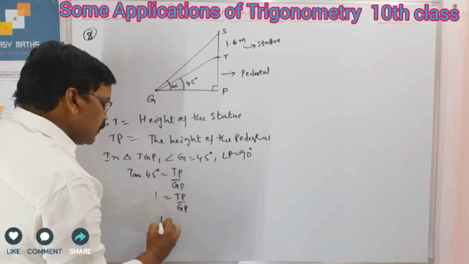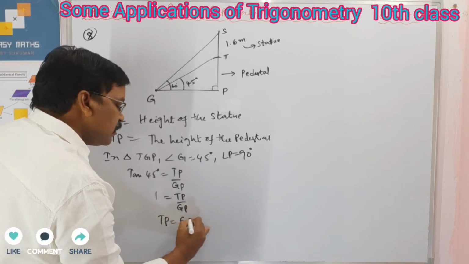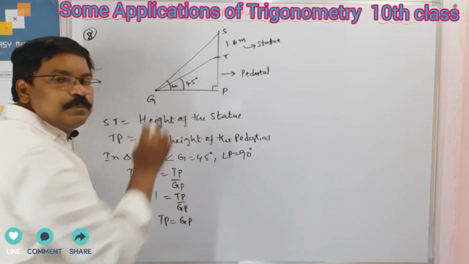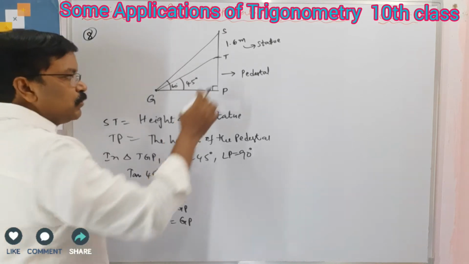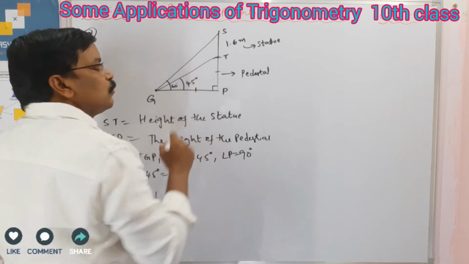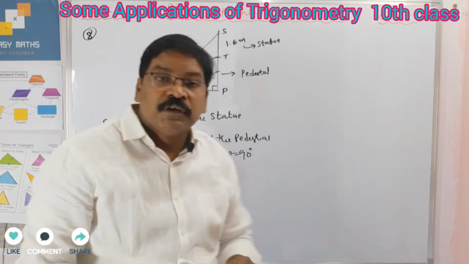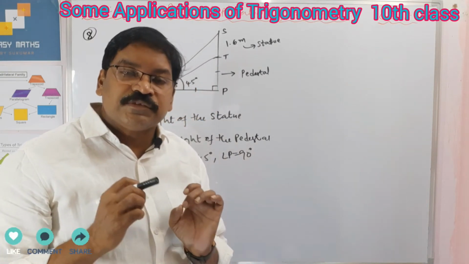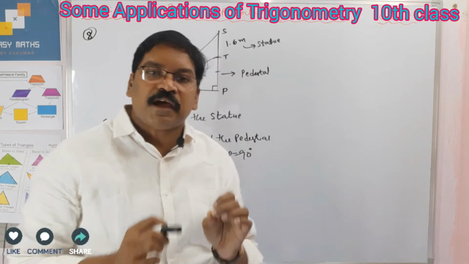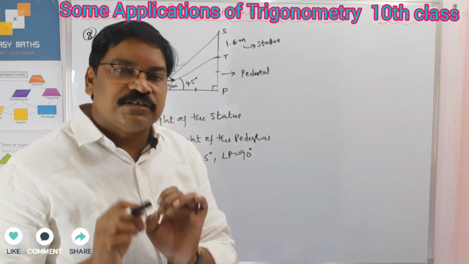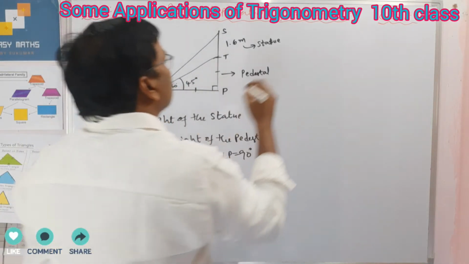By cross multiplication, TP and GP are equal. As I told you in the previous sum, when the acute angle is 45 degrees, the opposite side and adjacent side are equal. Now take another triangle.